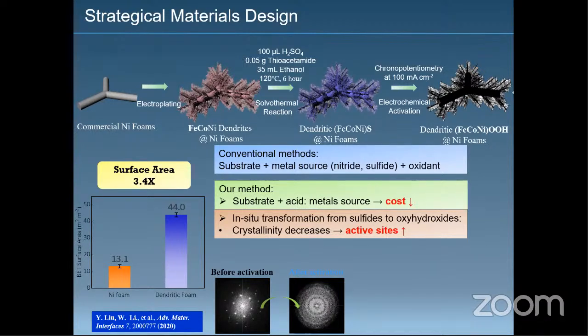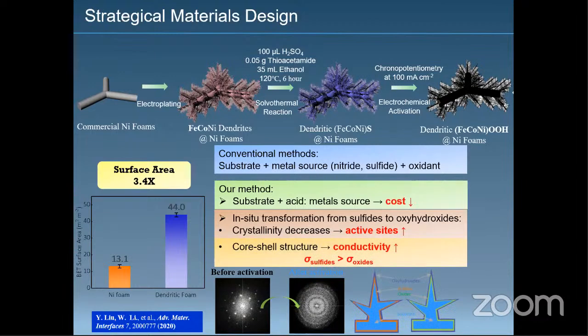This synthesis also leads to a core shell structure consisting of the alloy metal and sulfides core and an ultra-thin active oxyhydroxides layer. Studies show that the sulfides exhibit much better conductivity than oxides and hydroxides. The core shell structure can guarantee excellent conductivity during the OER test.